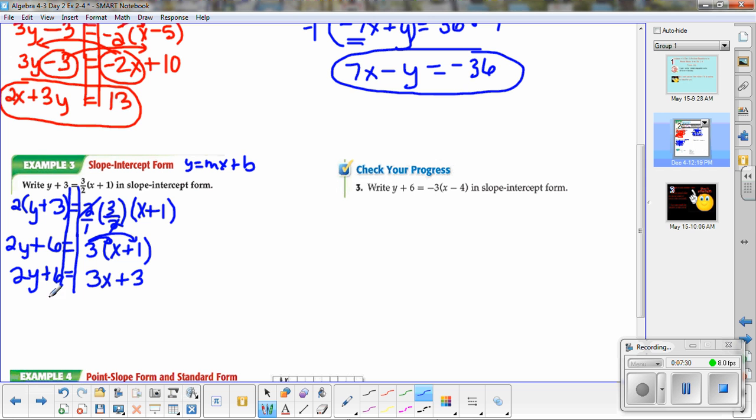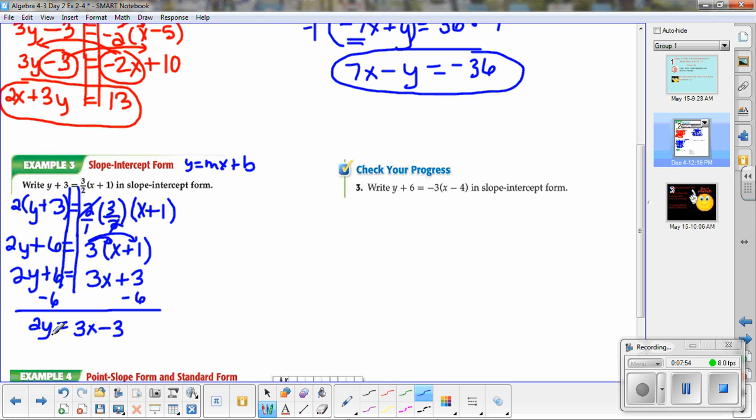So I'm going to get rid of this plus 6 by subtracting 6. And when I subtract 6 on this side, I'm going to subtract it right there. So now we have 2y equals 3x minus 3, because 3 take away 6 is -3.